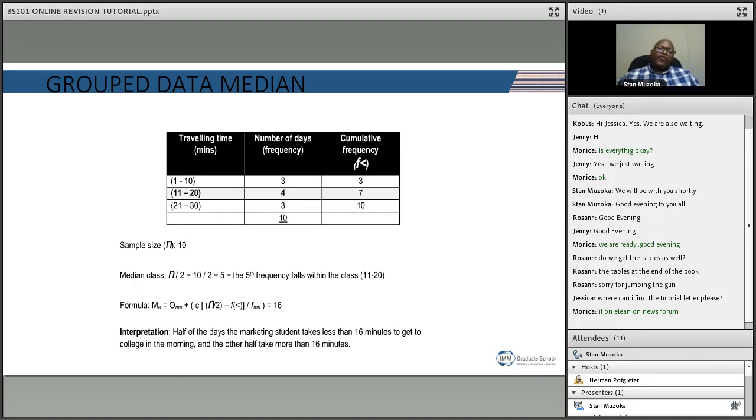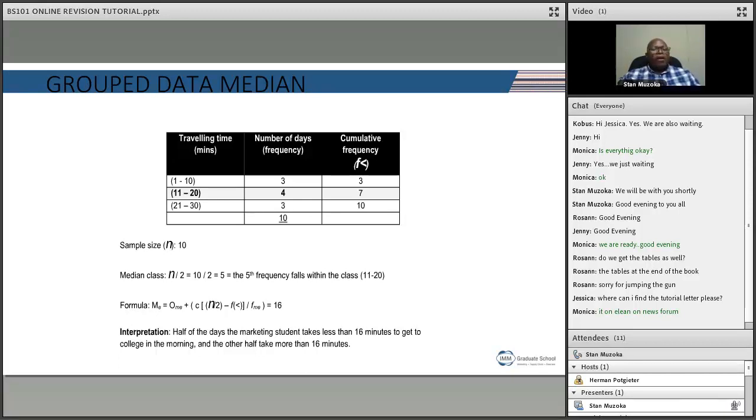In terms of the grouped data median, you are talking of identifying the median class. Yes, the median position is n plus 1 over 2. If I may say something about the median position, your textbook says for an even data set, use n over 2, and for an odd data set, use n plus 1 over 2.